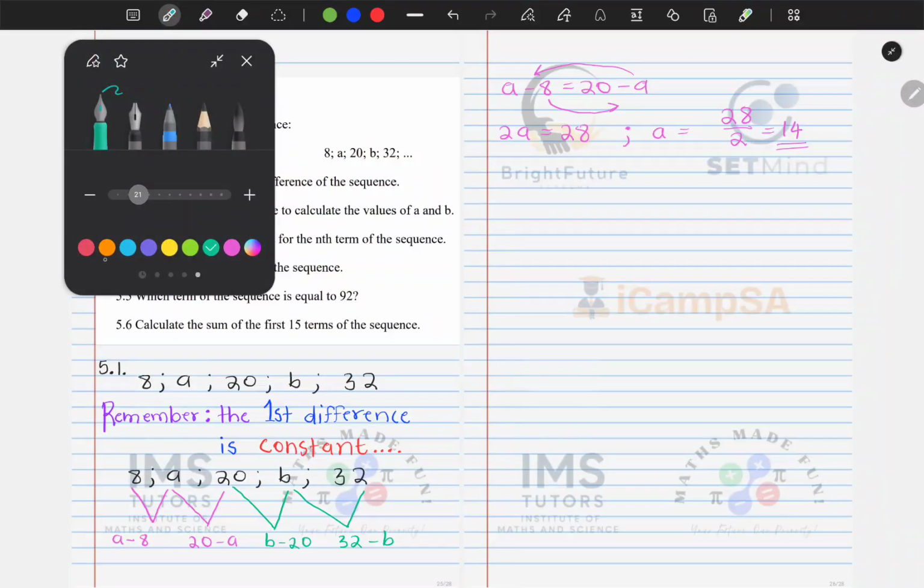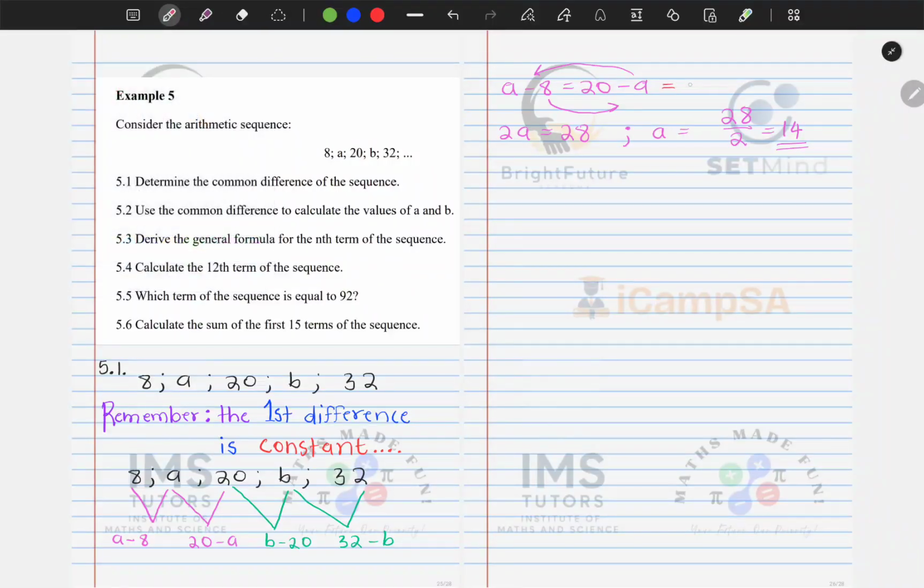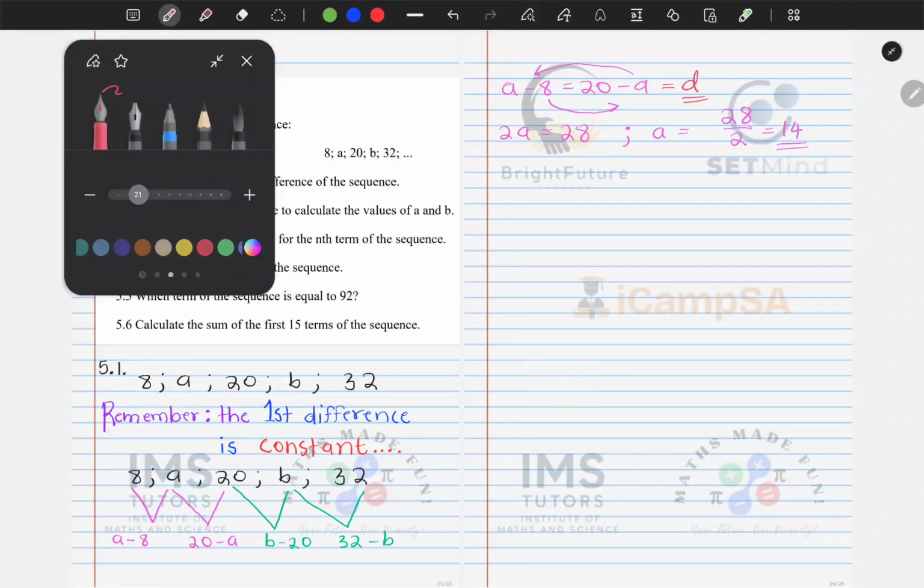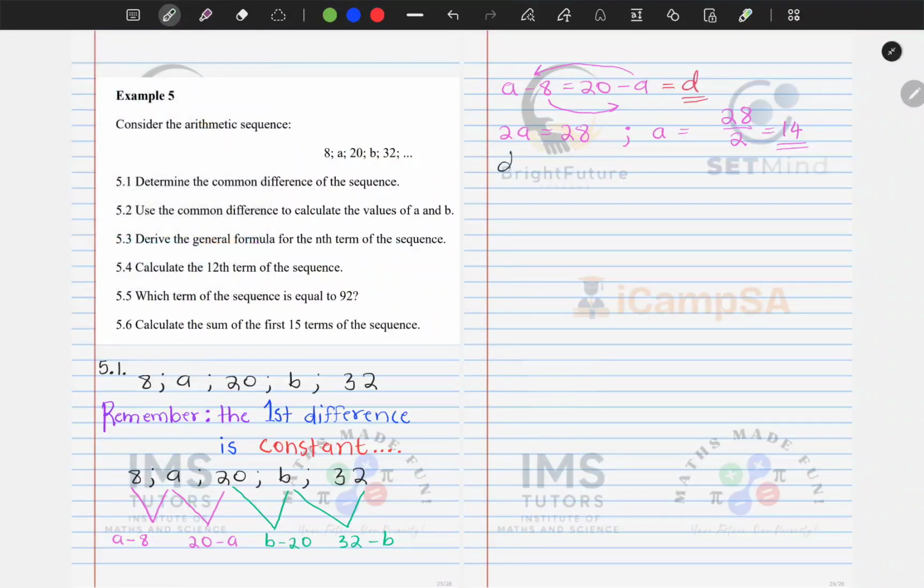And remember that these are equal because both of them are equal to d, which is the first difference. So we have actually found d because d is just a minus 8. But we have just found that our a is 14, so our d will just be 14 minus 8, and 14 minus 8 will give us 6.